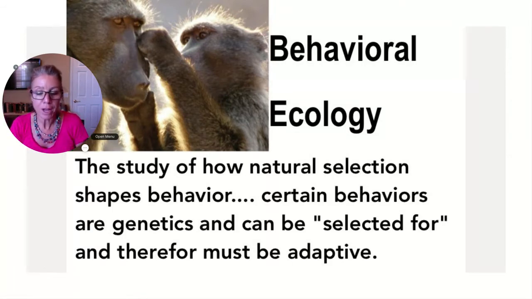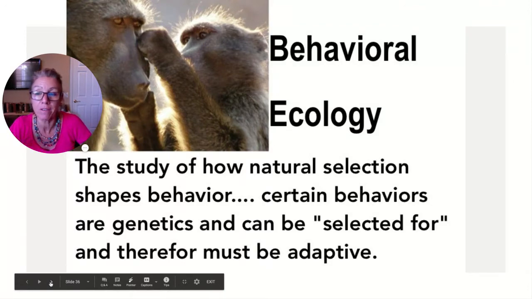So for your notes, behavioral ecology is the study of how natural selection shapes behavior. And you see in number 1 in the notes that certain behaviors have a genetic basis. We already talked about that in video 1. And therefore, behaviors observed today must have an adaptive value.